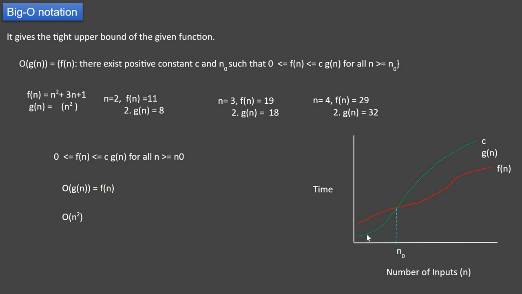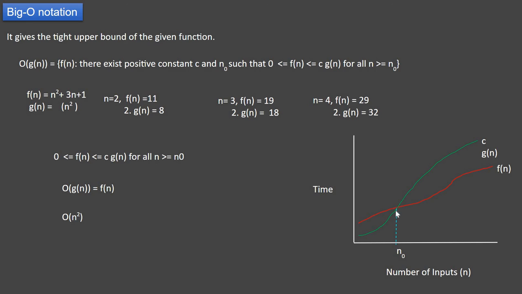Before that value, if I see the curve for gn, it is below the curve of fn. Let's say 0, 1, 2, 3, so the value here is 2 for gn, and for fn it is greater, somewhere 4 or 5, right? So these values were below fn values.